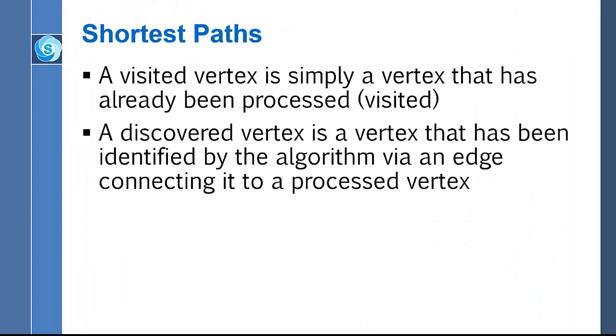Let's talk now about how a vertex comes to be discovered, how a vertex goes from the undiscovered state to the discovered state. This is really quite simple. While visiting a vertex, there may be an edge from that visited vertex to an undiscovered vertex.